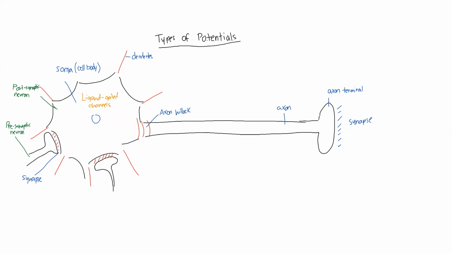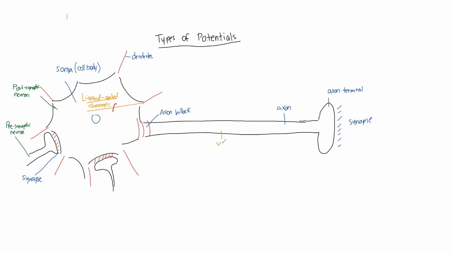So these are our ligand-gated channels, only found on the soma. On the axon itself, we have voltage-gated channels.